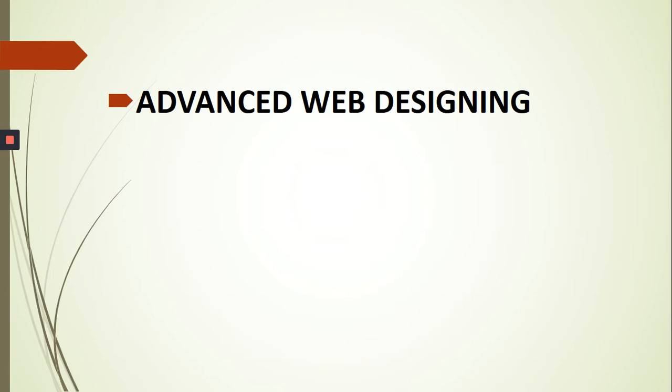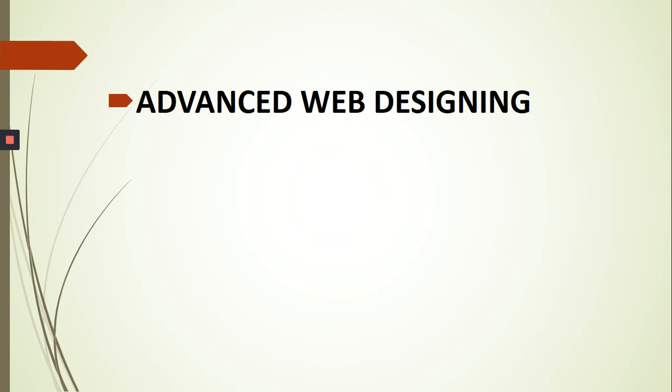We also discussed that we can divide our web documents or web pages into horizontal and vertical sections known as frames. But these frames are not supported by all browsers. So we will not learn frames.